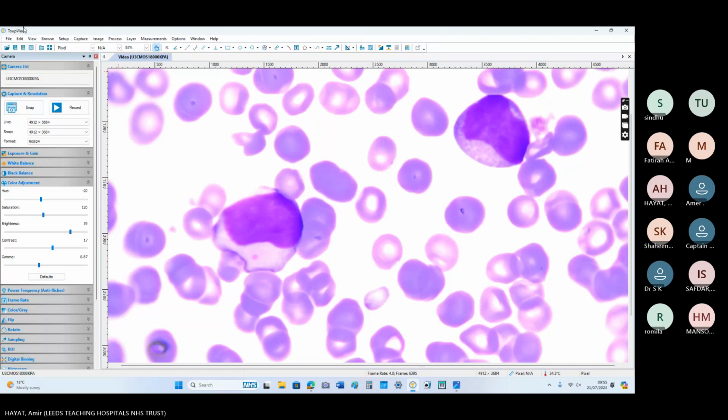They have fish mouth appearance here, or cup shape. These are cup shaped blasts, consistent with acute leukemia, and you would do further investigation to confirm your diagnosis.